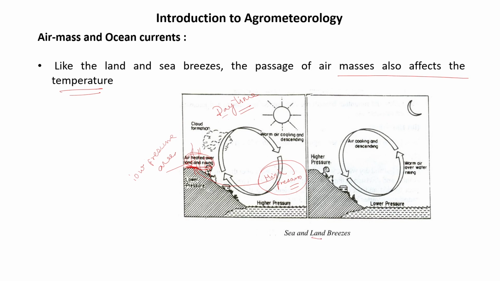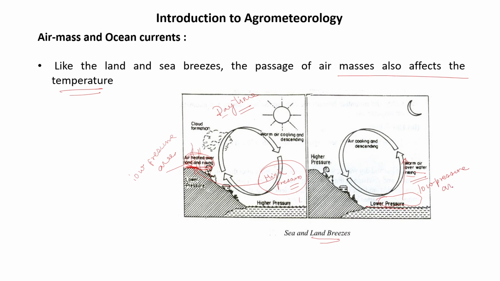The land breeze is totally opposite to the sea breeze. What happens here? The water gets heated during the daytime and takes time to cool. So the warmer air over the sea rises, and here we have a low pressure area.